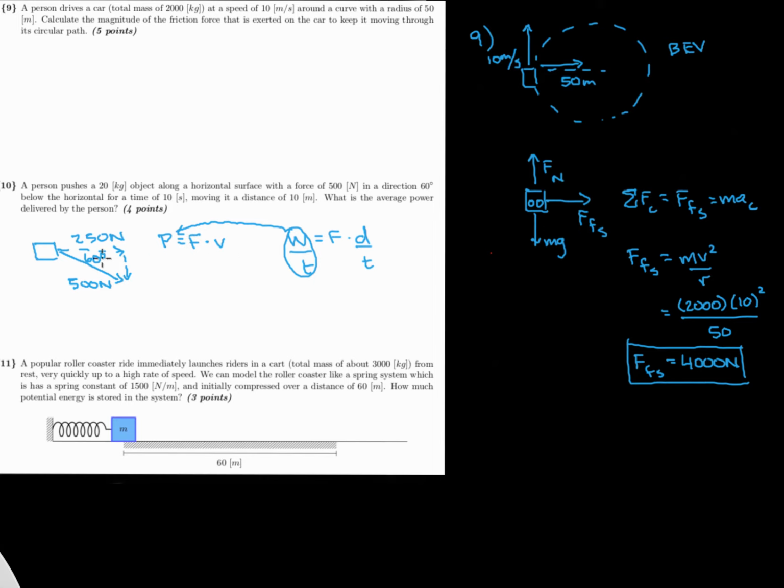It's the force that's causing the work, which is only the horizontal portion. So 250 newtons times the velocity at which the thing is going. It said it moves 10 meters over the course of 10 seconds, right? 10 meters, 10 seconds. So that's 250 watts.